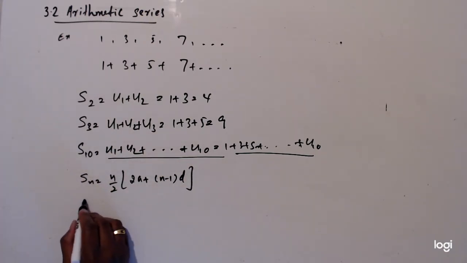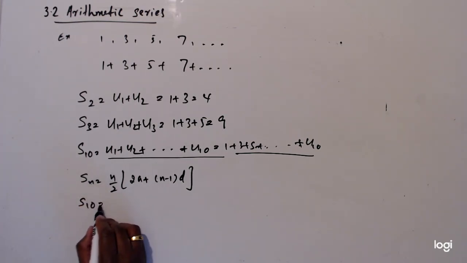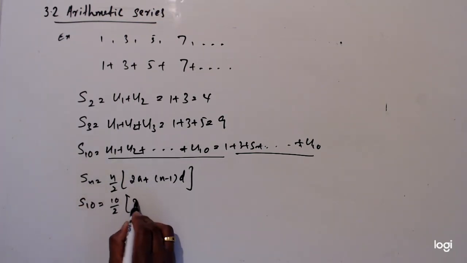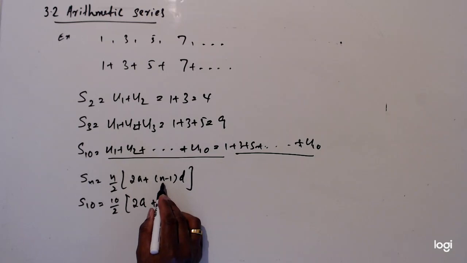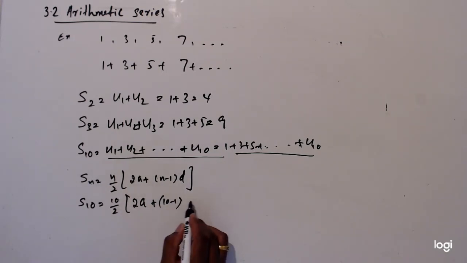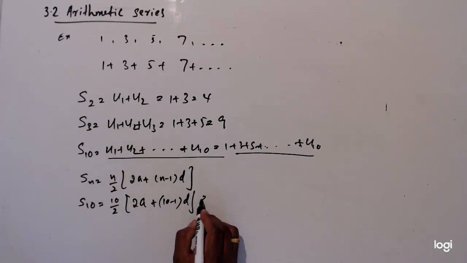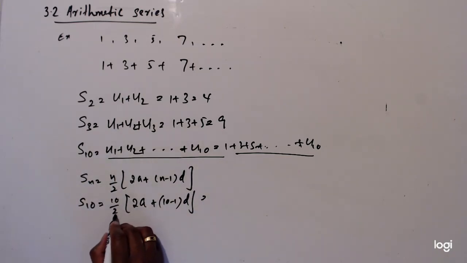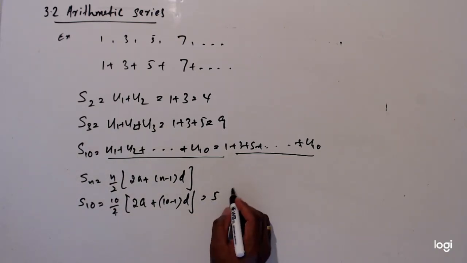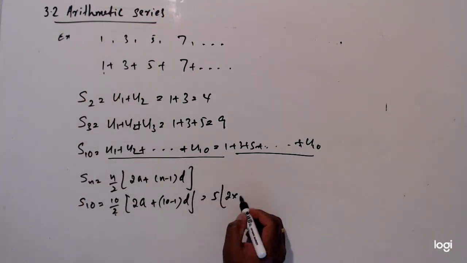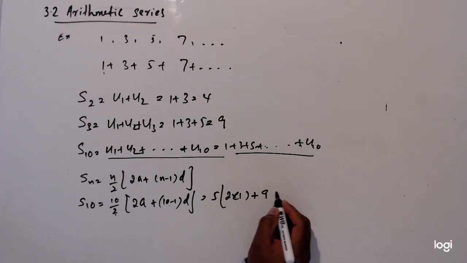Now for S10, n equal 10: 10 divided by 2, times 2a plus 10 minus 1 times d. 10 divided by 2 is 5, and 2 times a, you know that a is 1, and 10 minus 1, 9, times d.